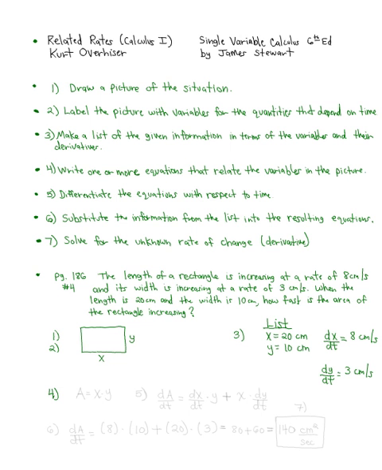Since the only variables are x and y, and we have to find how fast the area is increasing, it makes sense to just write down the area formula for a rectangle. So we write down area equals x times y. And this situation is easy enough because we only need one equation for this problem.